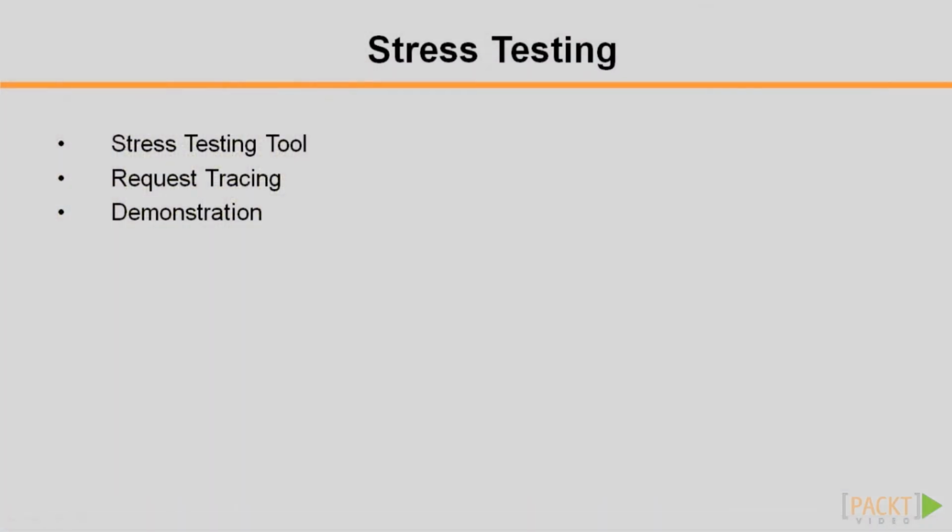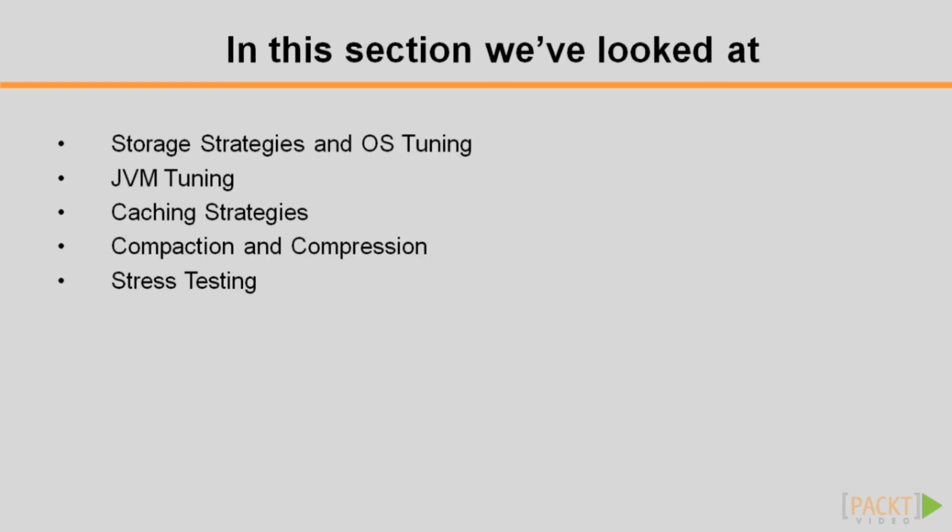Now you've learned about the stress testing tool and request tracing to facilitate performance tuning on Cassandra. In this section, basic performance tuning measures have been introduced with brief demonstrations. Actually, performance tuning is a very complicated ongoing exercise and requires iterative executions and testing to collect metrics for analysis.